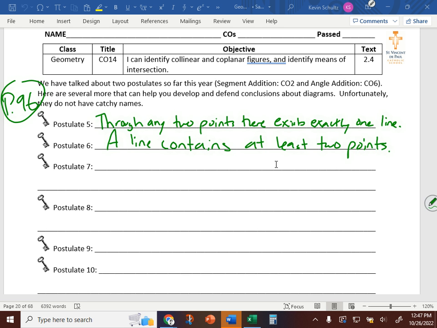Warning for you, Catherine. You need to know the relationships so that if I ask you how many points you need to make a line, you know the answer too. But I'm not going to ask what is postulate 5 and have you regurgitate that. So you need to know the relationships, but not by the number of their postulate.